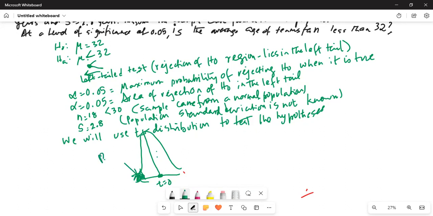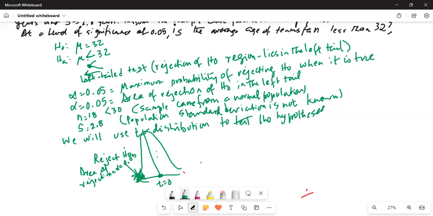This is where we reject H0. And the area of rejection is equal to alpha, which is equal to 0.05.